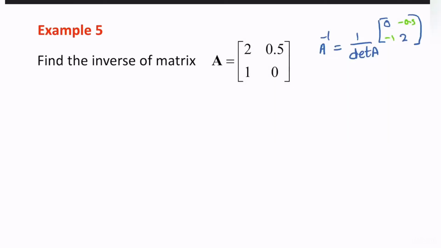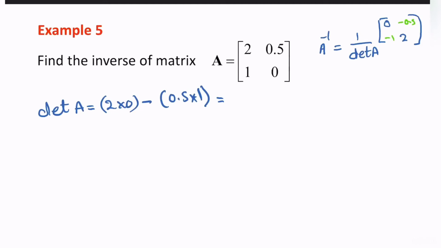Okay, so how to find the determinant? I'll say that determinant A in this case is going to be 2 times 0 minus 0.5 times 1. Okay, this is the original one still, and this is going to be equal to 2 times 0 is 0, minus 0.5 times 1 is 0.5. Yeah, sorry, 0.5.